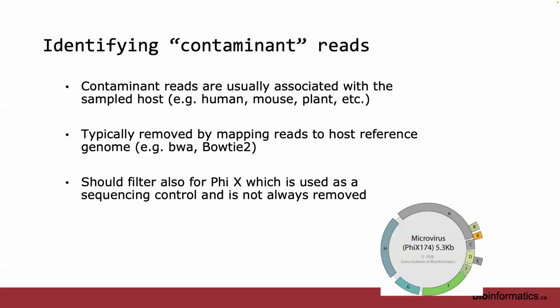Yeah, okay, so if you don't remove the host-associated reads, in theory, a perfect annotation pipeline would just ignore those, right? And we'll see. For sure, if you give it human reads, even if you have a database of microbes and the human genome, it will still often annotate some human reads as microbial.